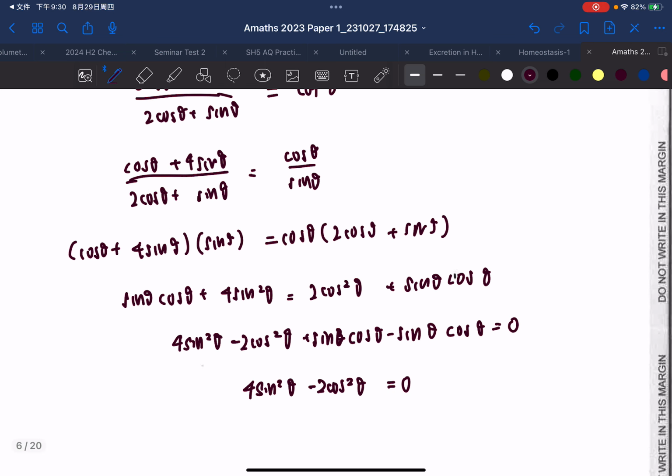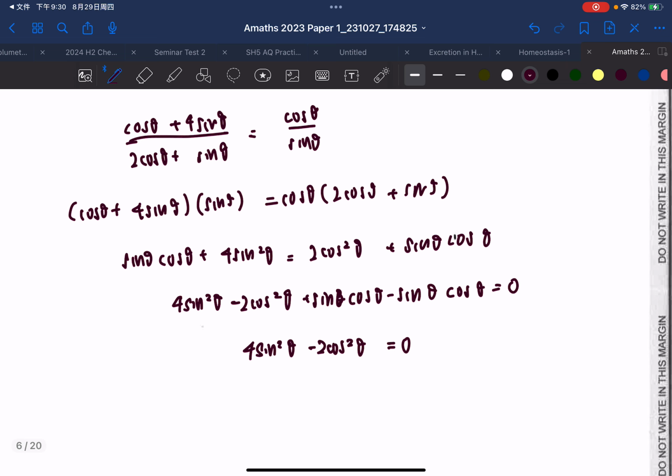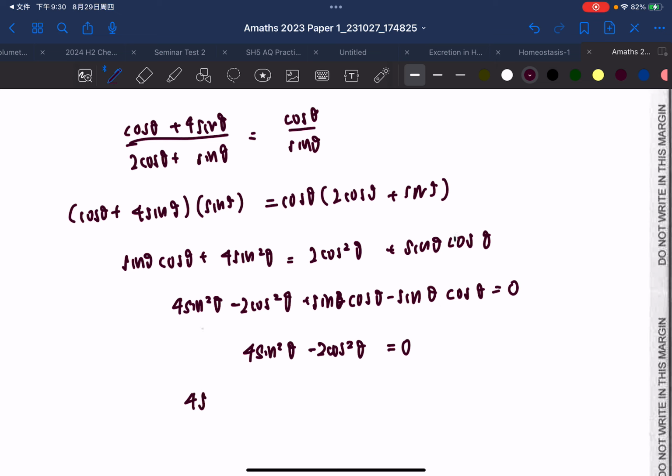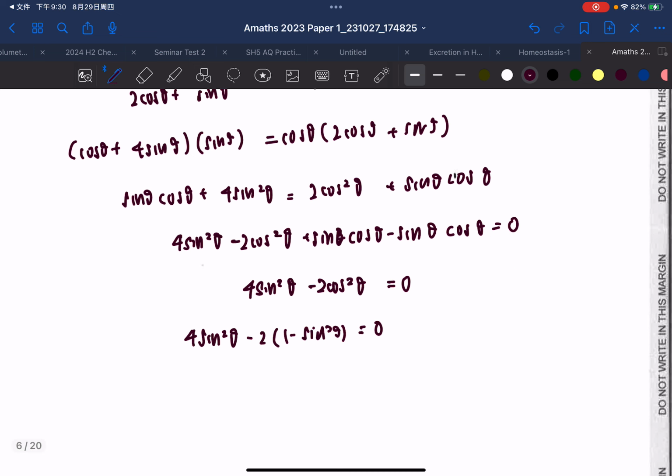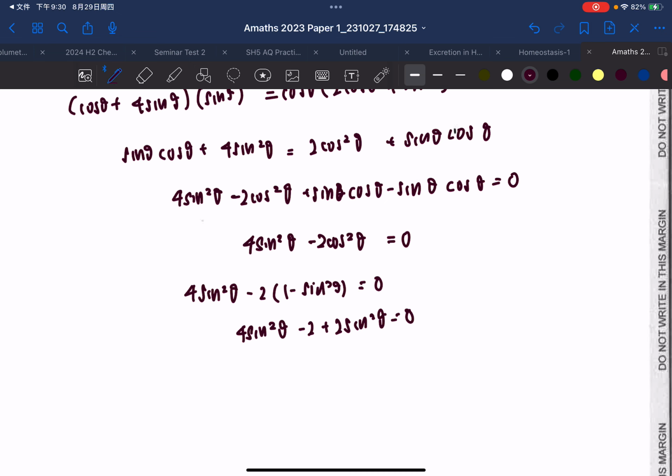So what do we do? My second tip is to change everything to just one ratio. So I want to try sine square theta. I will get 4 sine square theta minus 2 plus 2 sine square theta. So what is my next step?